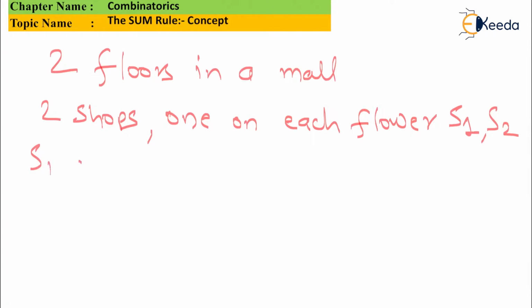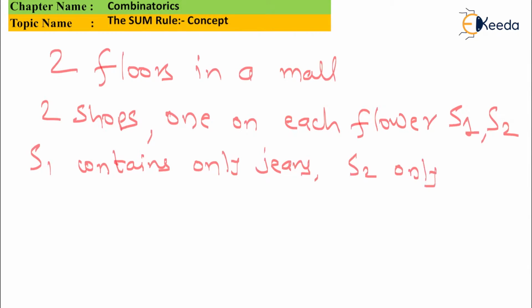S1 contains only jeans, S2 only t-shirts. Let's say there are capital J number of jeans and capital T number of t-shirts.